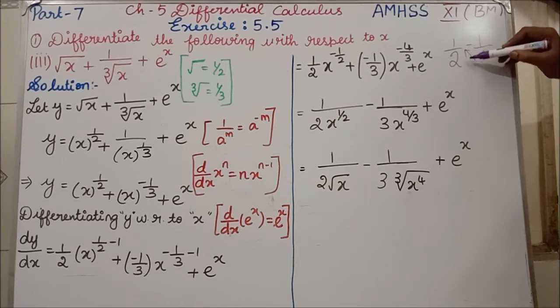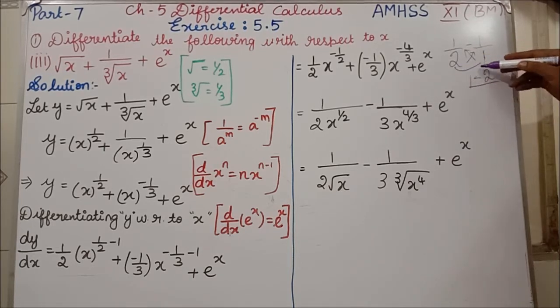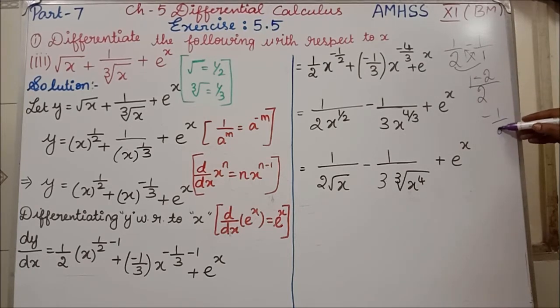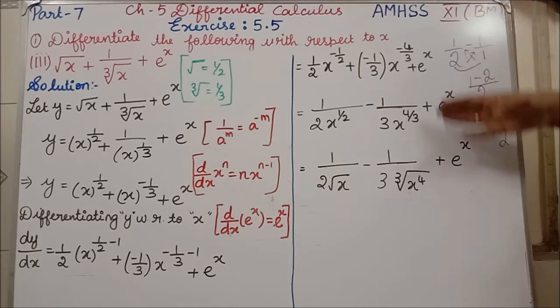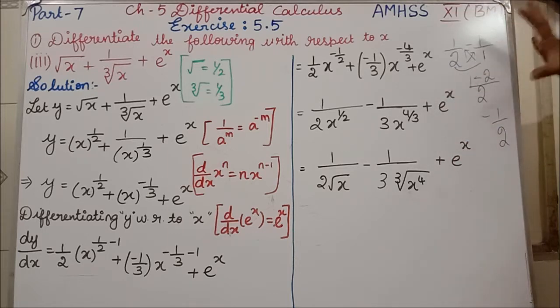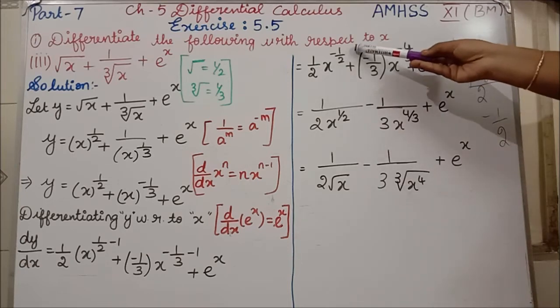Now we have to cross multiply. 1 into 1 is 1, 2 ones are 2 with a minus sign in between, divided by 2 ones are 2. So 1 minus 2 is minus 1 by 2. This is a very small, simple calculation, and you need not show it in the steps. So we write minus 1 by 2 directly in the power.